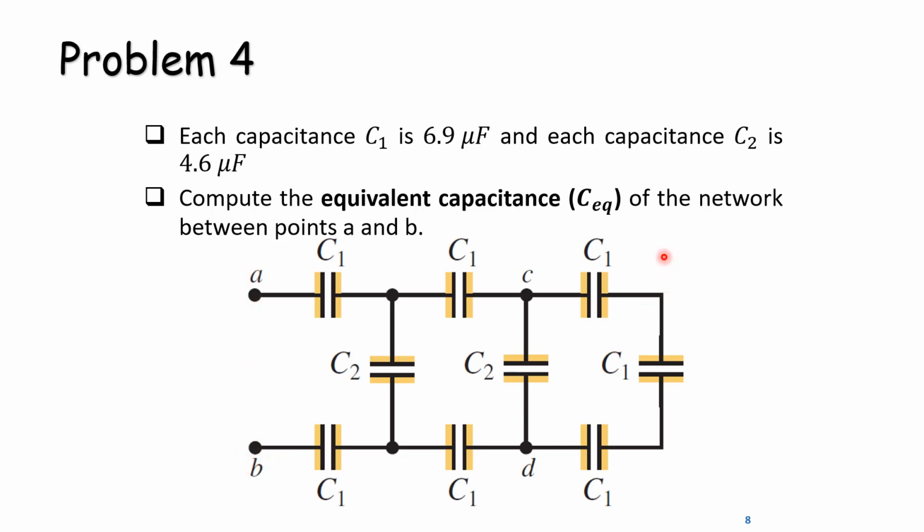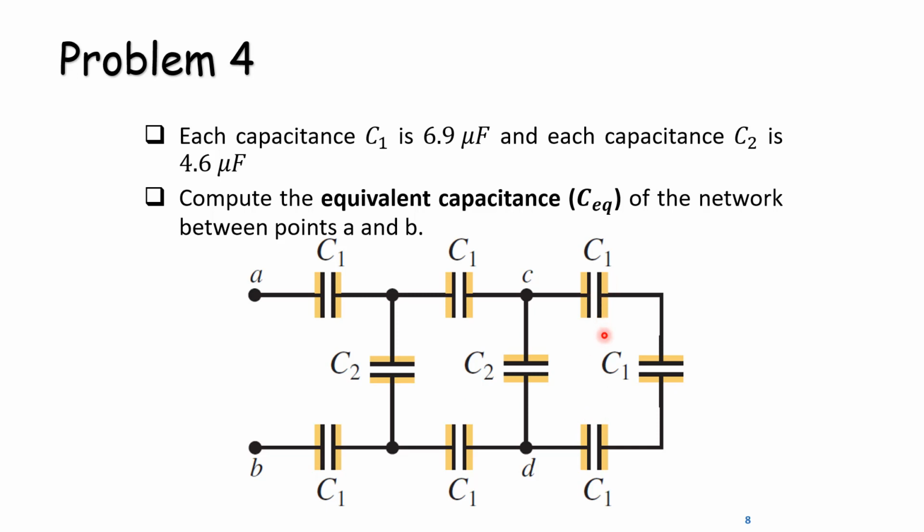Now, take note, class, that these three capacitors here are connected in series. In order to get the equivalent capacitance, it is like replacing them with a single capacitor that has an equivalent capacitance of this network. Take note that for this problem, we need to start at the farthest end.